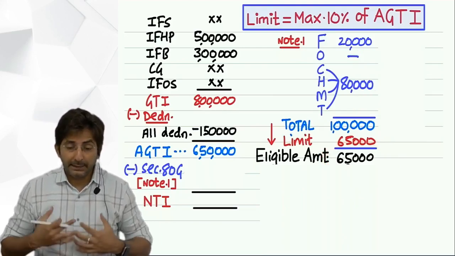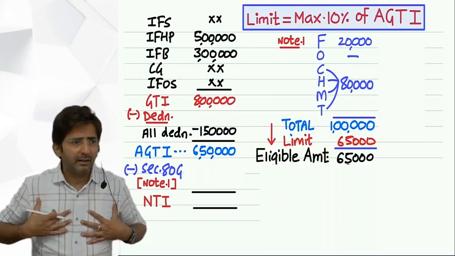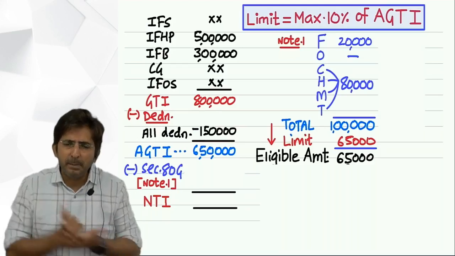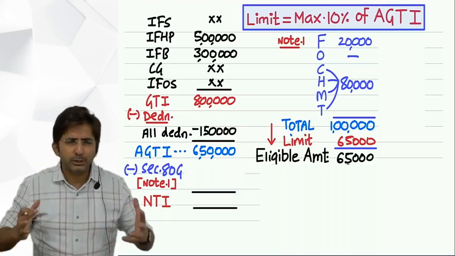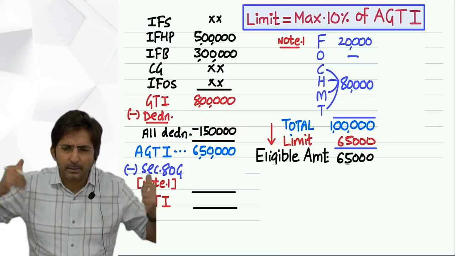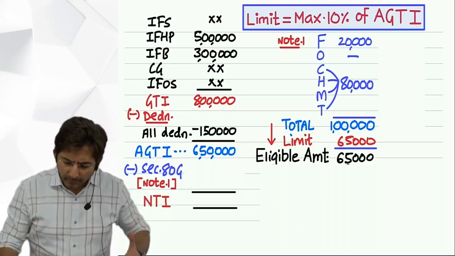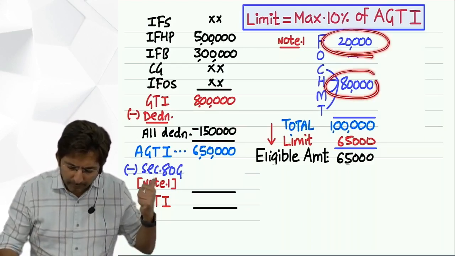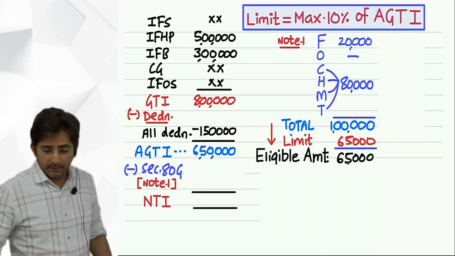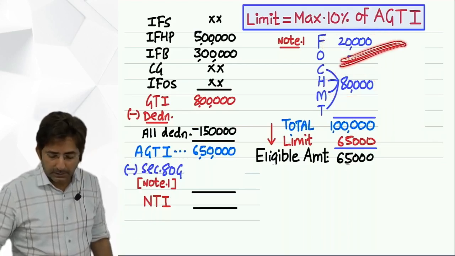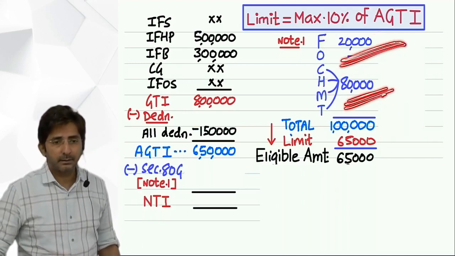It is my money I have donated. I want to optimize and make the best use of it. Best use means I should get the maximum deduction. So tell me, which donation will give me maximum deduction? Family planning donation or Chamat donations?